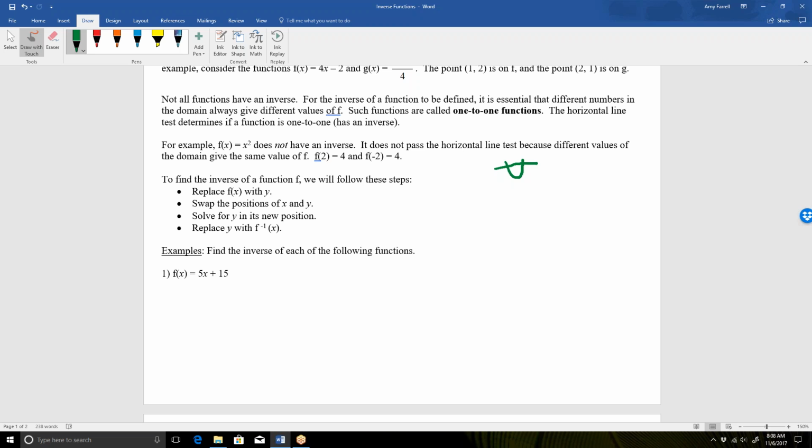It's easier if they're both just a single variable, although f of x technically is just y. Then we're going to solve for y in its new position, and then we're going to replace y with f inverse of x. Here's the notation that we use. It looks like an exponent of -1, but we say f inverse of x.